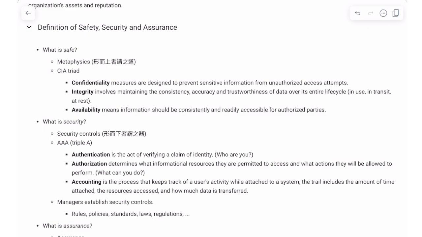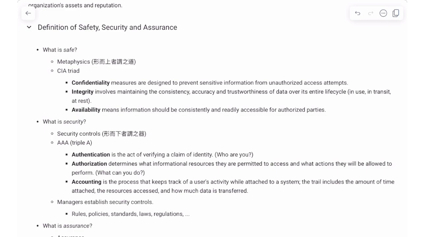So if there is any security incident, for example, some hacker breaks into your website and modifies your web pages, the web server, the database server, and other servers need to record everything that the hackers have done, even if the hackers try to delete the traces of what they have done to the website.